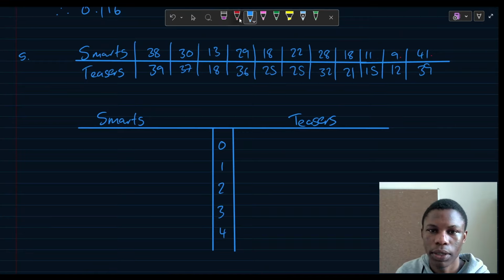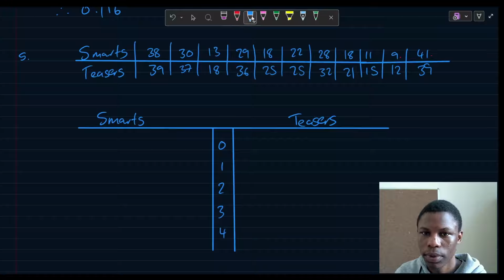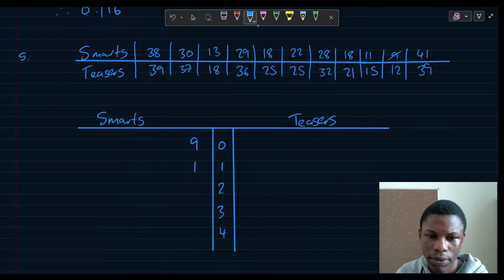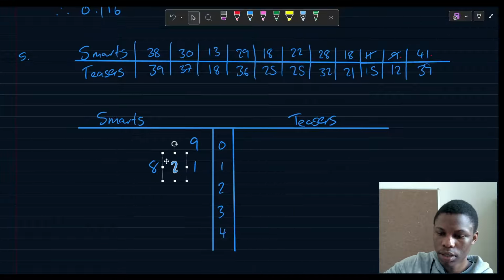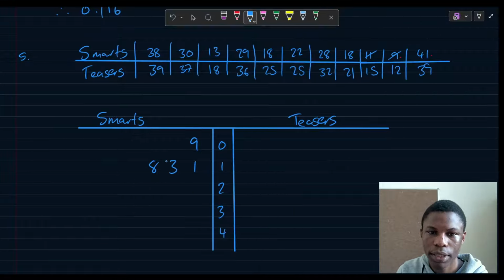Now let's put our data in. For 0, I only have 9 for Smarts. So we've done the 9, and then we go to the 10s. There is 11, 13, and 18. So 1, 3, 8, and another 8.